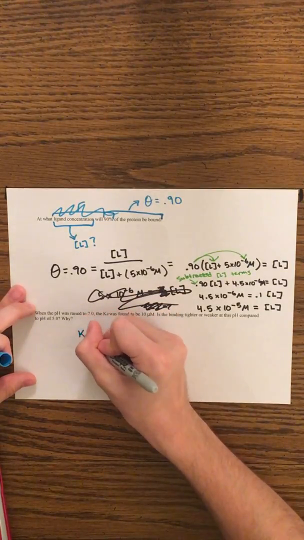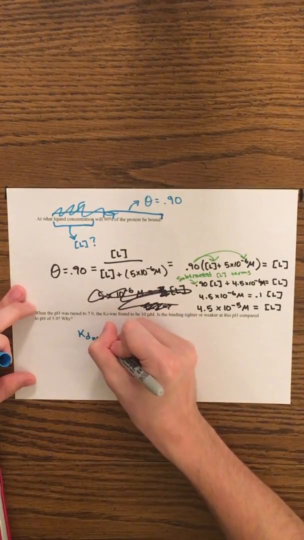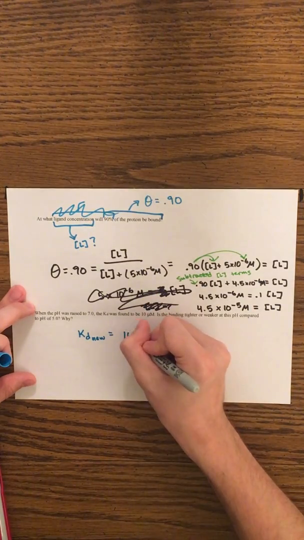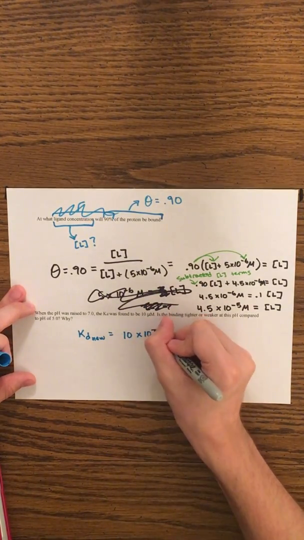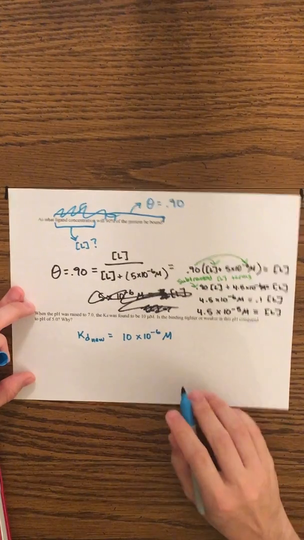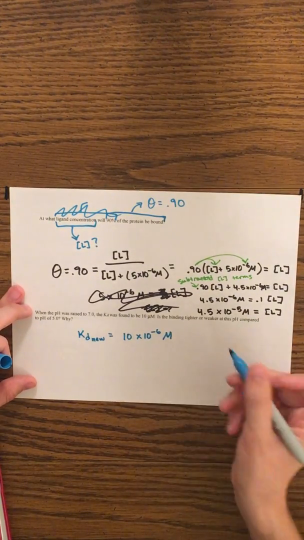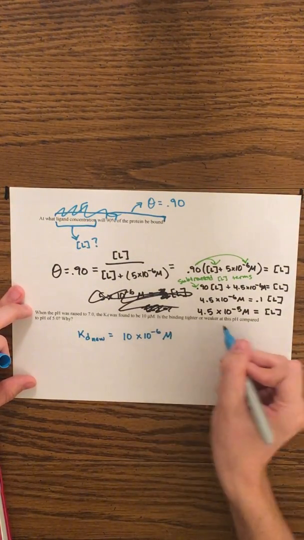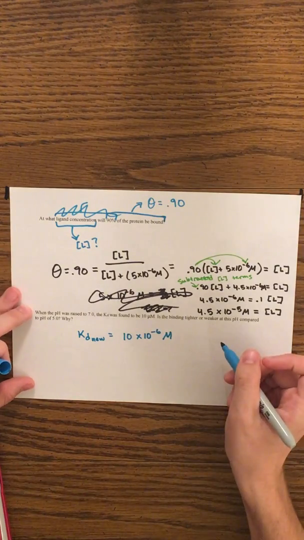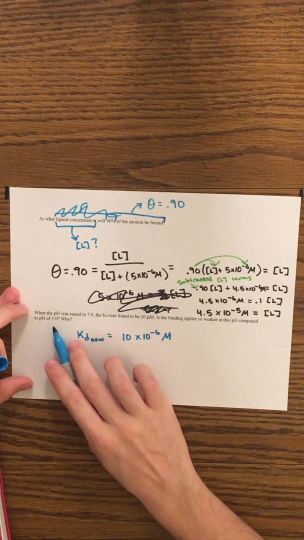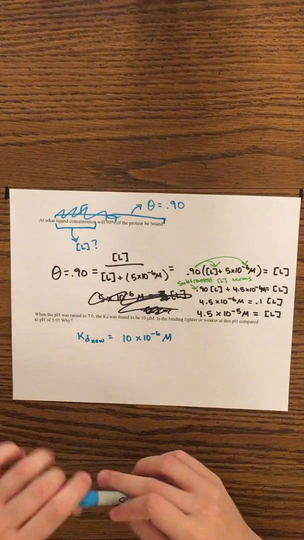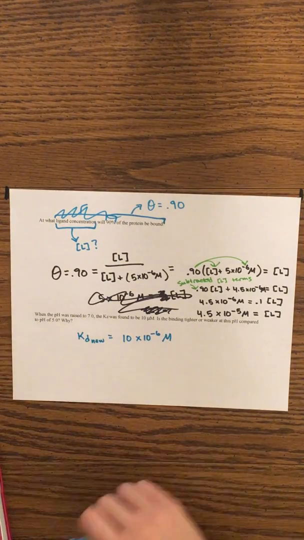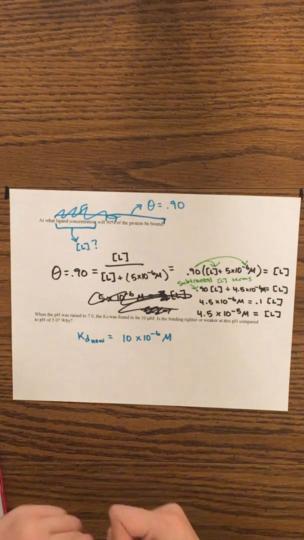So I'll call this KD new is equal to 10 times 10 to the negative 6 molar. Is the binding tighter or weaker at this pH compared to the pH of 5.0? And how, why do we know that?